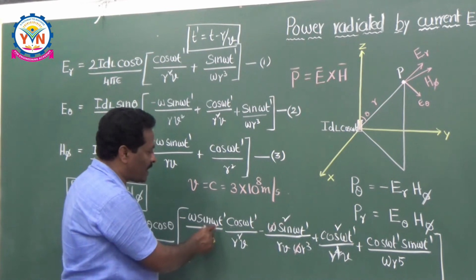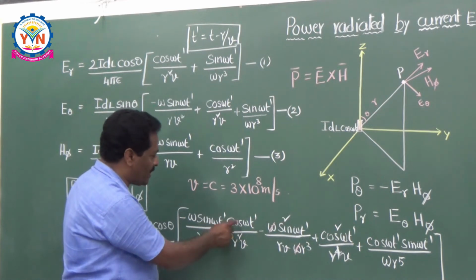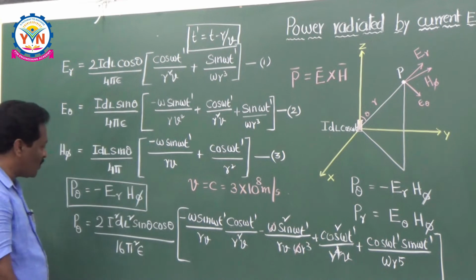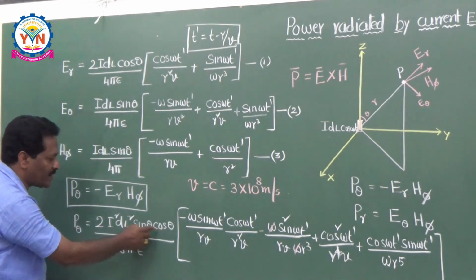using this formula sin 2 theta is equal to 2 sin theta cos theta. And here also, 2 sin theta cos theta means sin 2 theta.